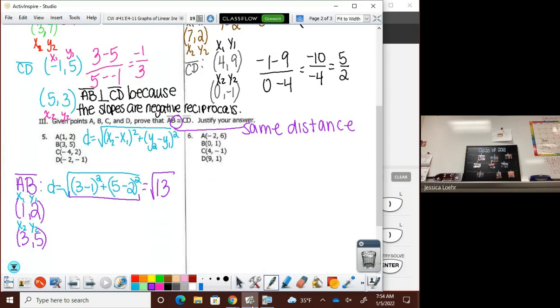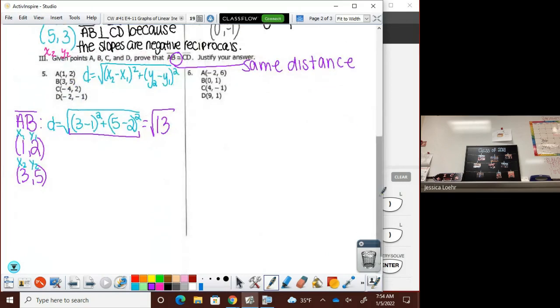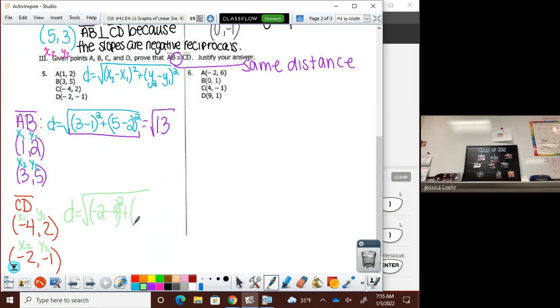So then you're going to find the distance of CD. Those points are -4, 2 and -2, -1. x1, y1, x2, y2. So the distance is -2 minus -4 squared plus -1 minus 2 squared.